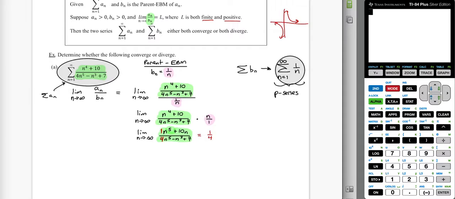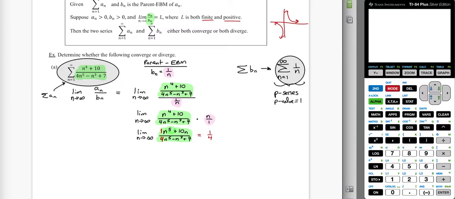It's fortunate that we took the time to investigate those p-series, because now we have something that can save us time and energy of evaluating, because if you remember, we used the integral test to take care of those situations. So this is a p-series with the p-value equal to 1. The only thing that you have to remember is, well, what does that mean?